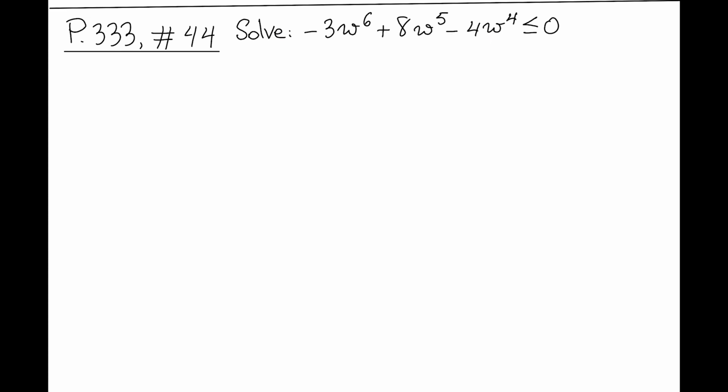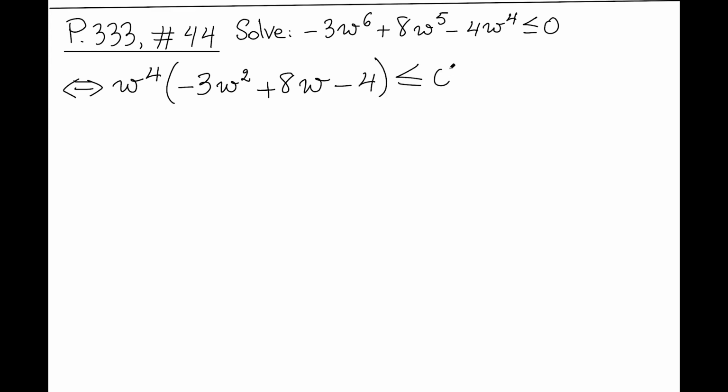An obvious factorization as a first step is to factor out the greatest common factor, which is w to power 4. So this is the same as saying w to power 4 times minus 3w squared plus 8w minus 4 is non-positive.